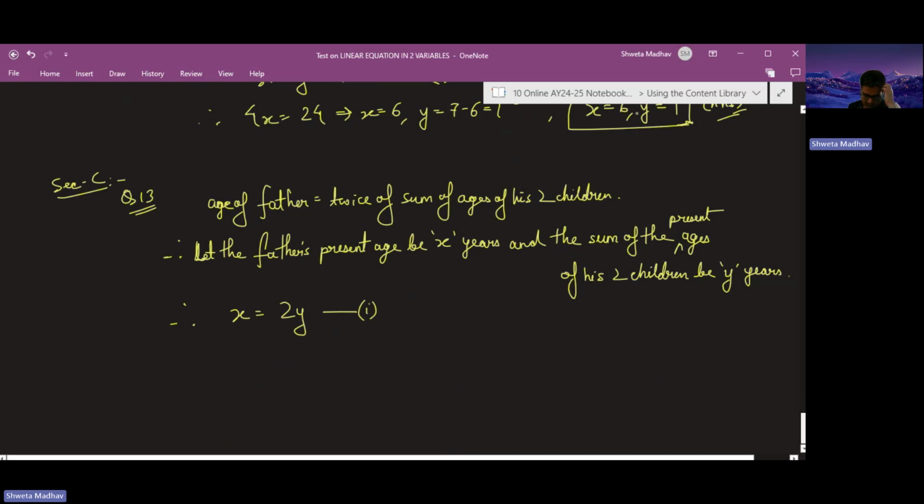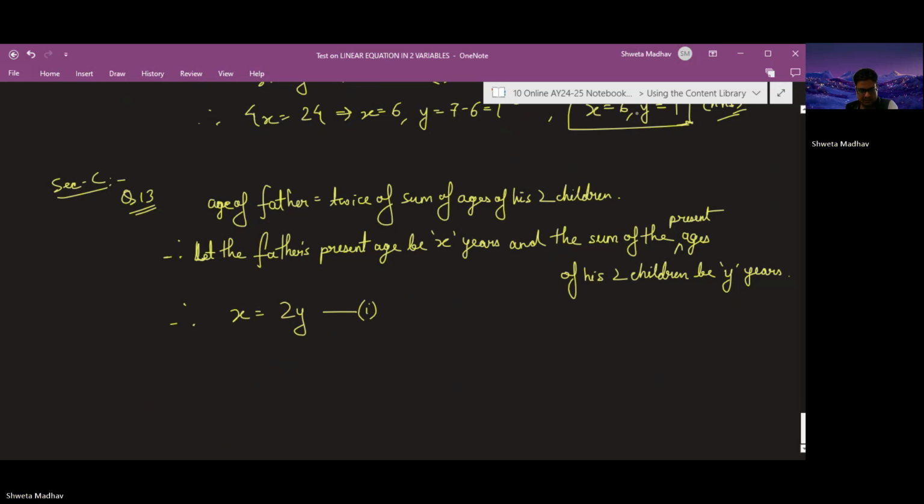And then it is told that after 20 years, his age will be equal to the sum of the ages of his children.